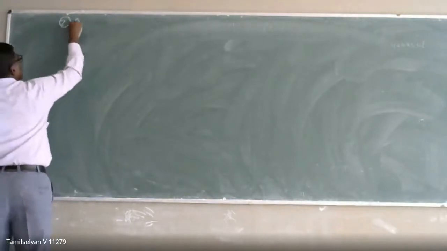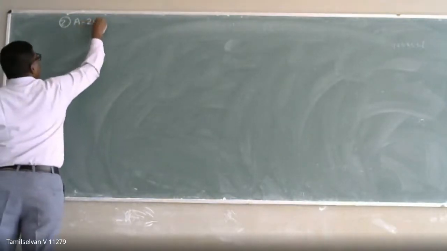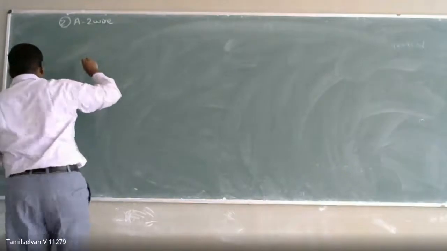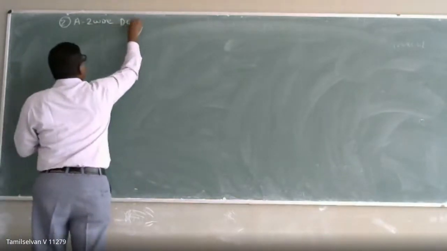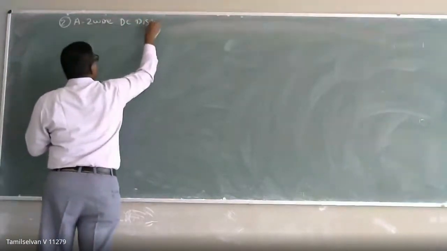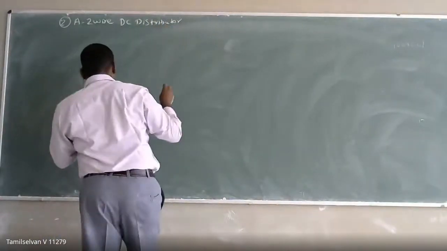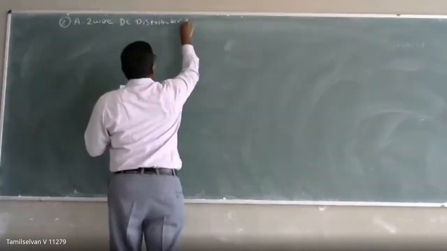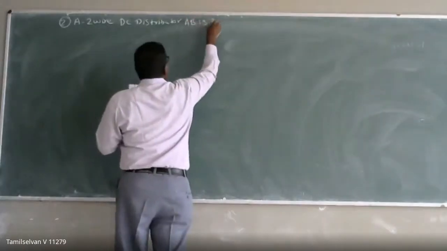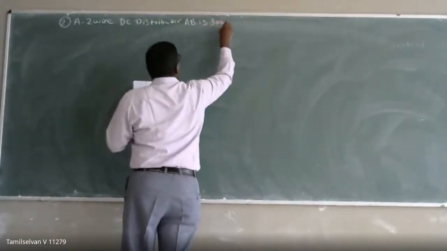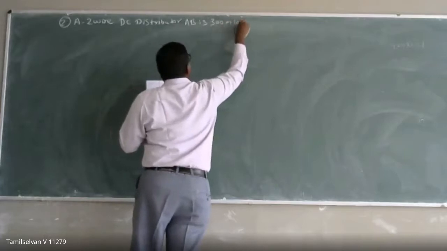Second problem. A two-wire DC distributor AB is 300 meters long.